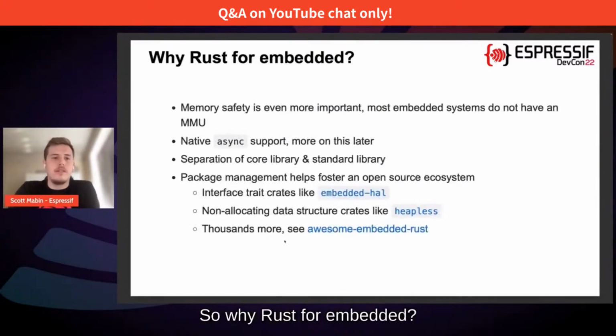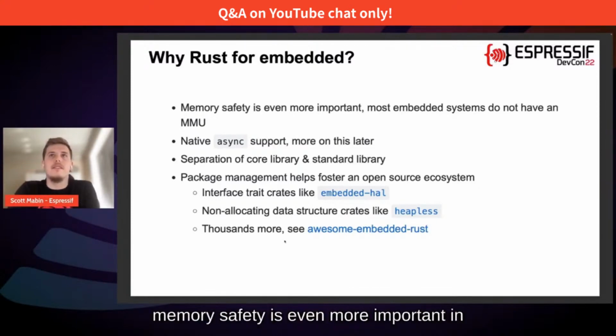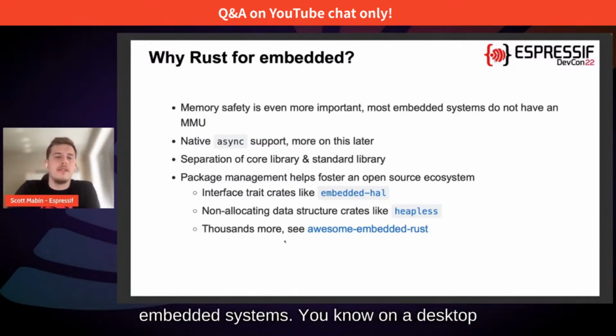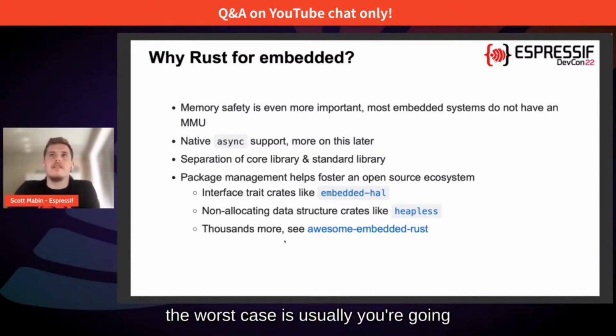So why Rust for embedded? Obviously, memory safety is an important thing in any application, but memory safety is even more important in embedded systems. On a desktop, the worst case is usually you're going to crash the application, you'll get a seg fault, and the MMU will protect you in that sense, so it won't crash the kernel.